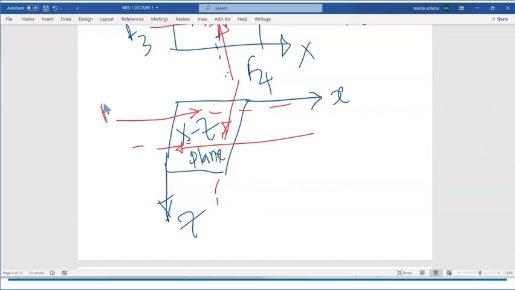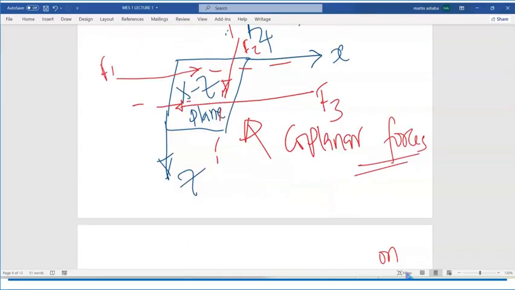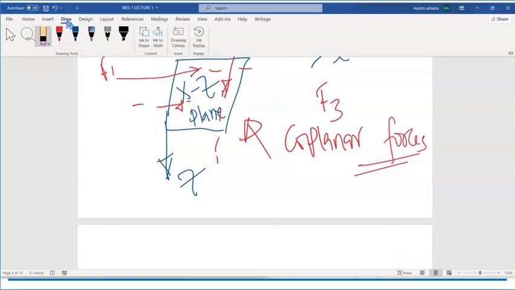Maybe this is F1, this is F2, maybe this is F3. These are coplanar forces. The lines of action of these forces are on the same plane.